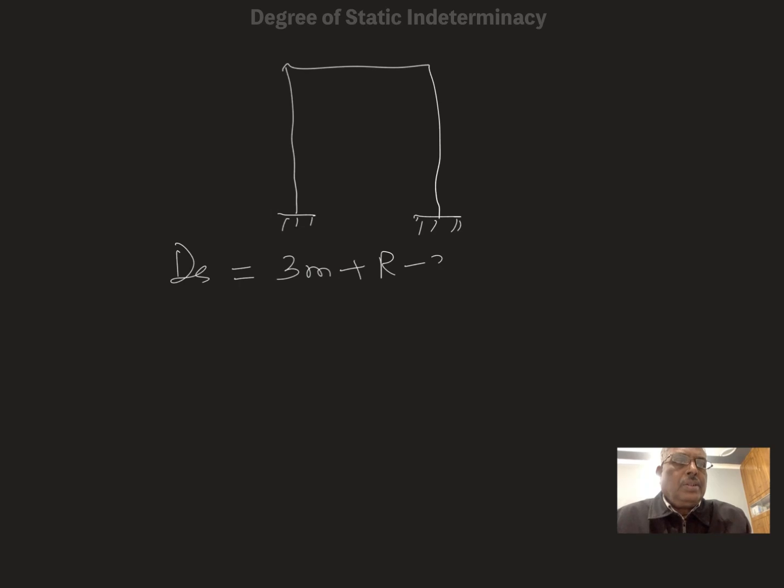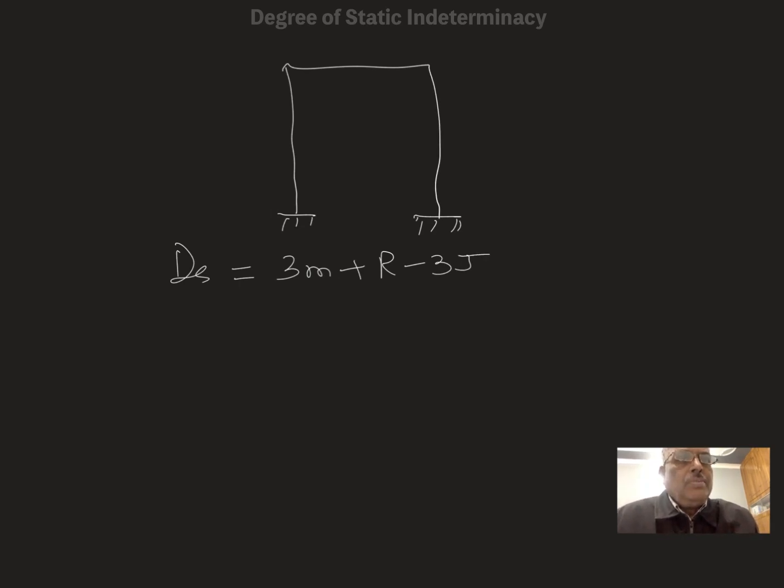So let us take the frame cases, and suppose there is a frame, as we did by Henderson. Now we are going to do it by the method of joints. Here the degree of indeterminacy ds will be 3m plus r minus 3j. Why 3m?